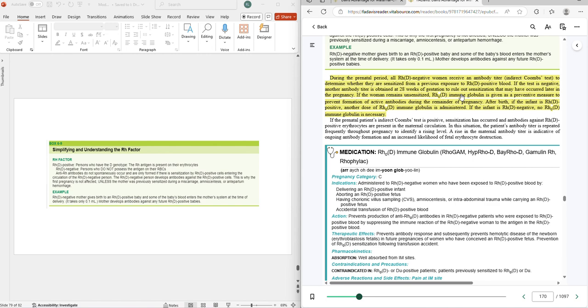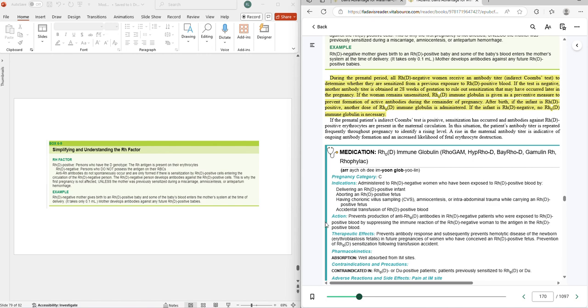So if they have a miscarriage, any miscarriage, any what we call spontaneous abortions, they're getting RhoGAM, okay? Because they're still maybe exposed to positive blood. So just because they don't carry the baby to full term, they have a miscarriage or stillbirth, they still get the RhoGAM with every single pregnancy, whether it's viable or not, okay?